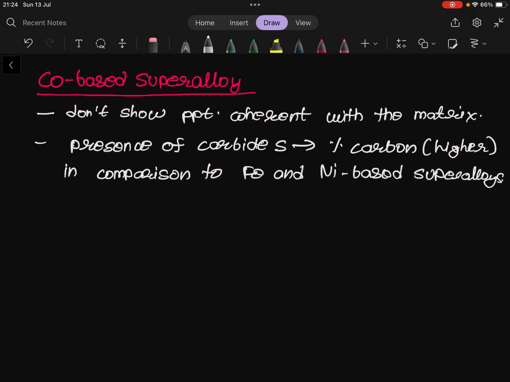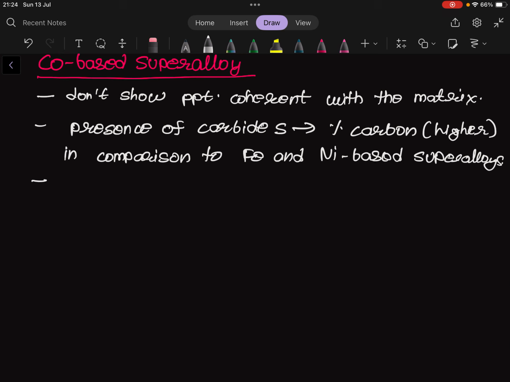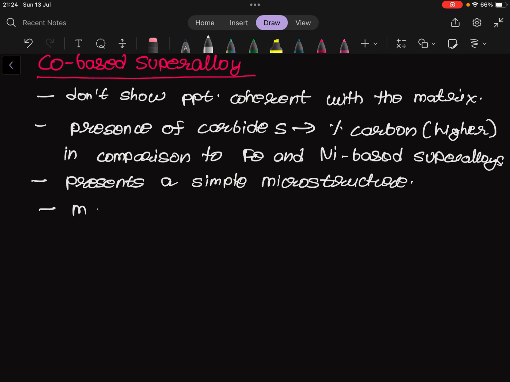Cobalt based superalloy presents a simple microstructure and benefits of the presence of nickel, tungsten, and vanadium in solid solution for strengthening. So we have a major alloying element, that is chromium.